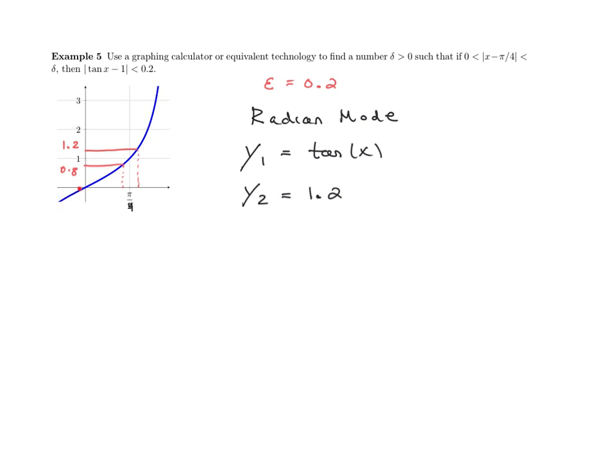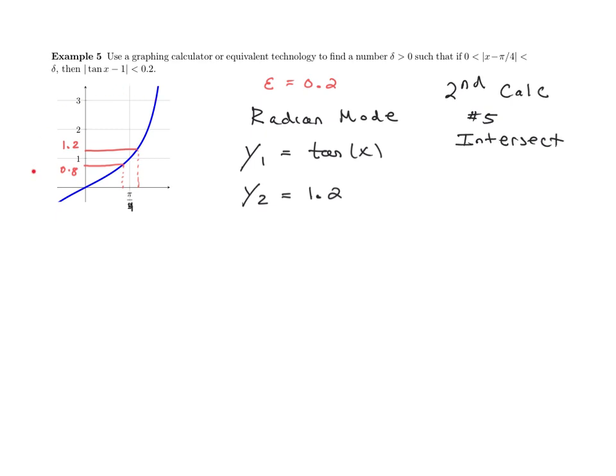Here's what the process is like in my calculator. I graphed it, and I can see tangent, and I can see 1.2, and I can see where they meet. I use second and hit the trace button, which is going into calc, and I select the fifth option, and that option is intersect.